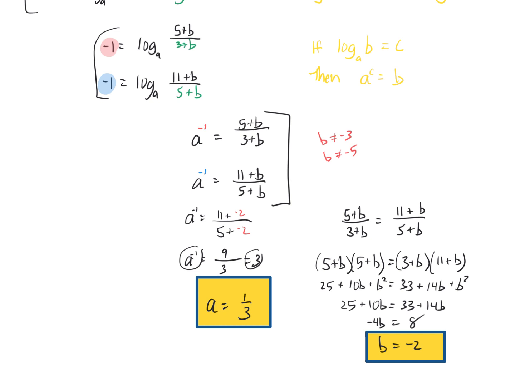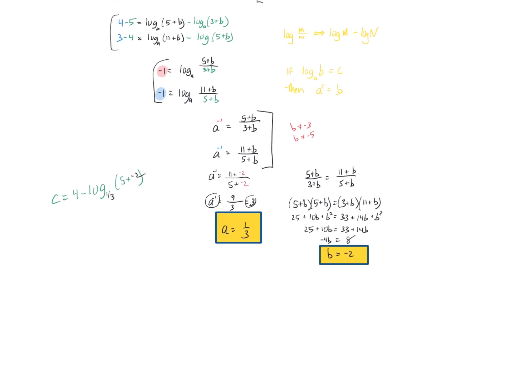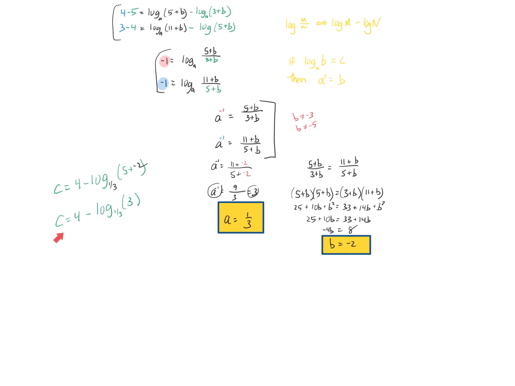And as for c, remember that c was equal to 4 minus the log base a of 5 plus b. We could have really used any of these. This was from the middle one. So if a is 1/3, we'll put that right there. And b is -2, so we'll put that right there. So c is 4 minus the log base 1/3 of 3.